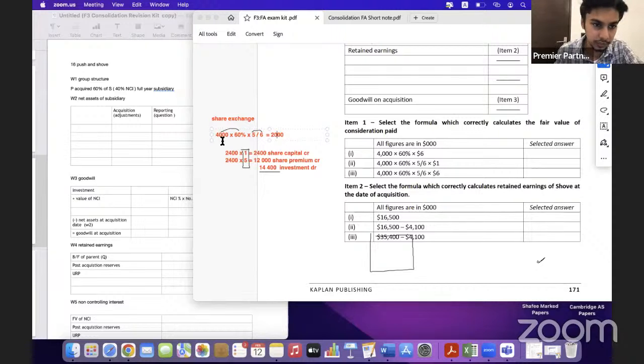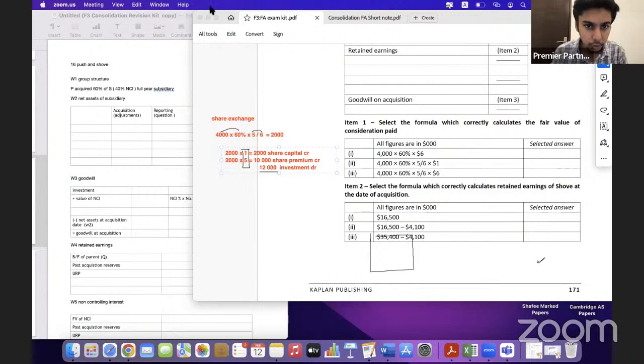See, guys, 4,000 into 60%, that into 5 and divide by 6. Here, the answer is 2,000. So when the answer becomes 2,000, 2,000 into 1 is 2,000. 2,000 into 5, the answer will become 10,000. That means over here, the answer has to be 12,000.